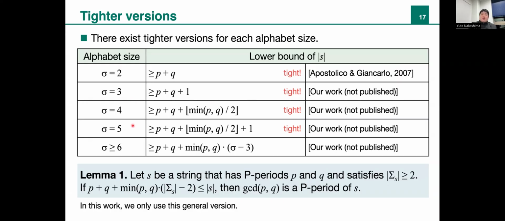We can give tight conditions for alphabet sizes 3, 4, and so on individually. But we only use this general version in this work.